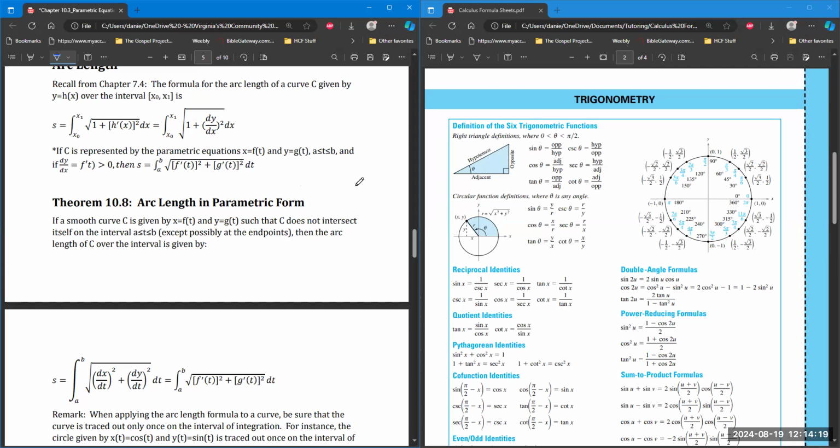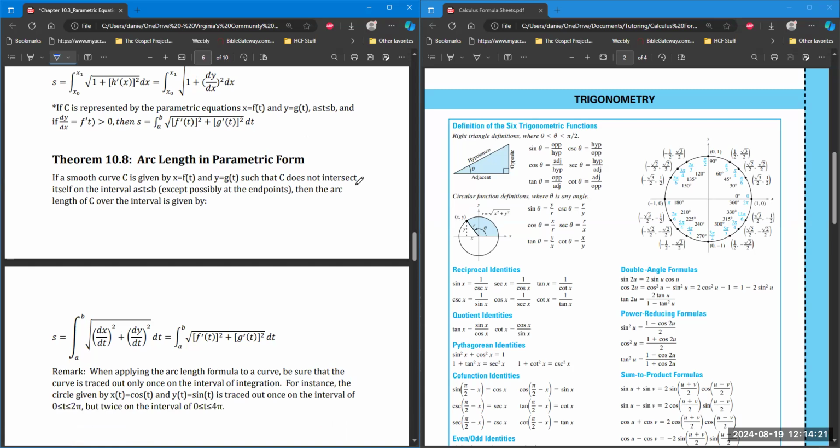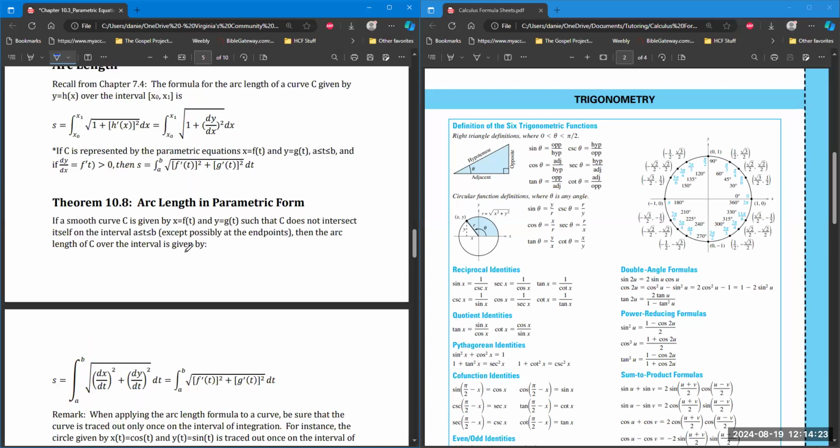So let's go ahead and look at this in parametric form. Basically, what we've done is we've evaluated this integral right here, changed it into parametric form, and gotten this instead.